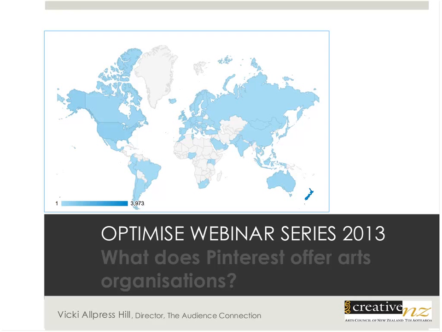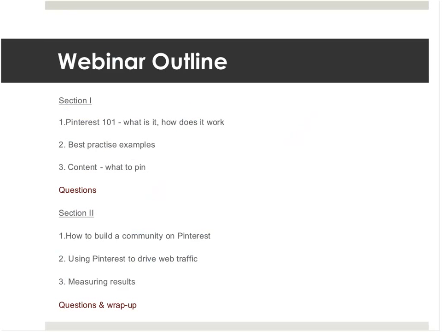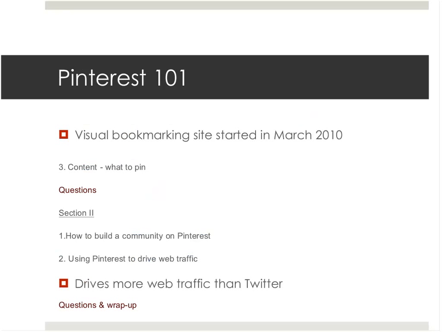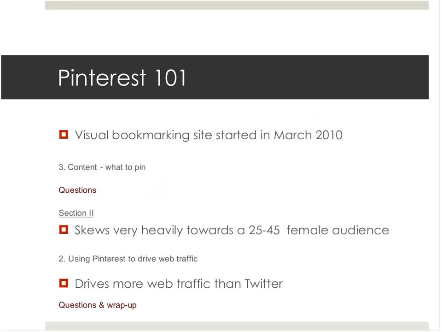So I guess to start off, you've all got the description there. Pinterest is a visual bookmarking site that was started in March 2010. It now has 48 million users worldwide, and 9 million of those accounts are connected to Facebook.